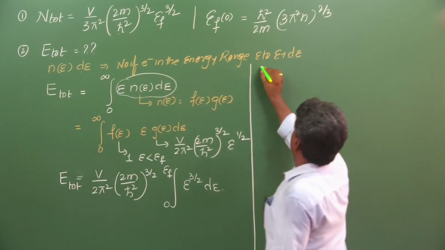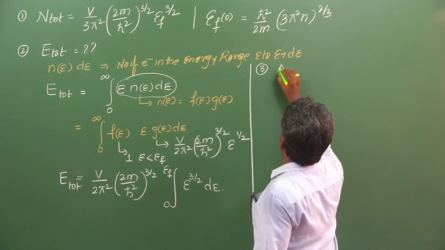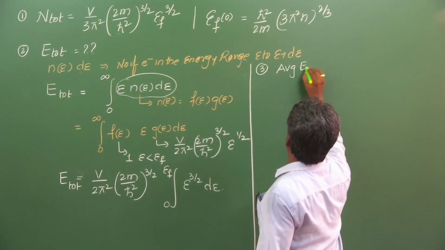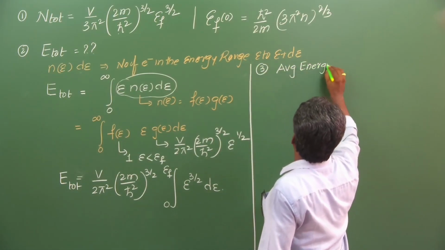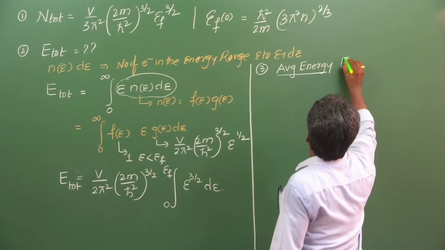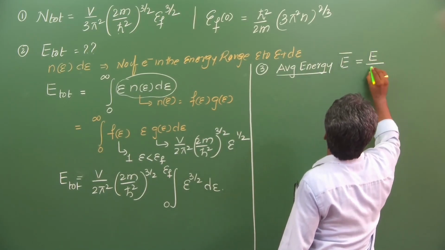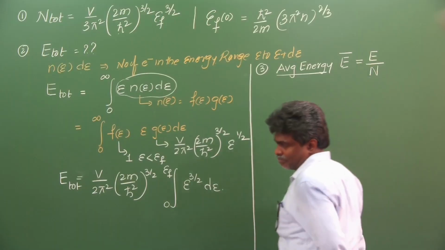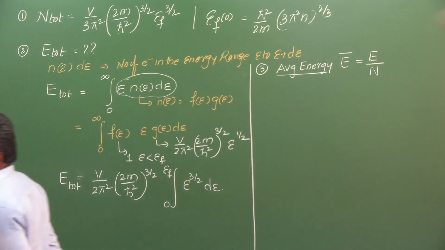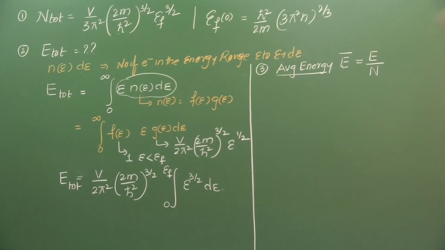Once you got that, third one, average energy. Average energy E bar equal to total energy by total number. Just divide both. Careful, don't neglect. It's 5 marks. Each question is 5 marks.